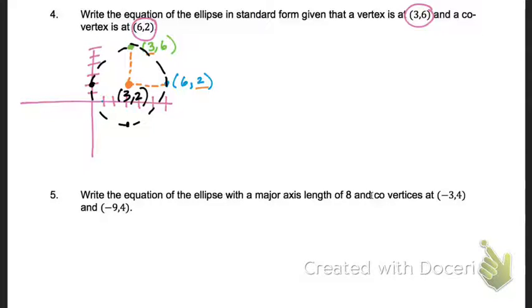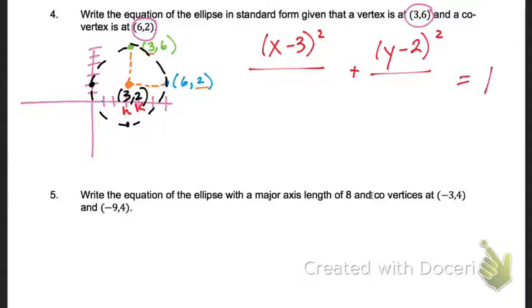So I've got my HK, which is 3, 2. So I can go ahead and do x minus 3 squared over something plus y minus 2 squared over something equals 1. Now I need to figure out what my A and B are.